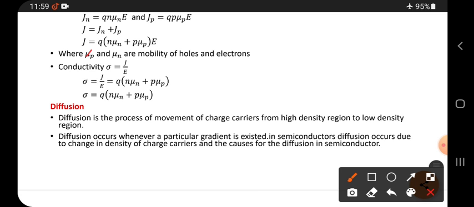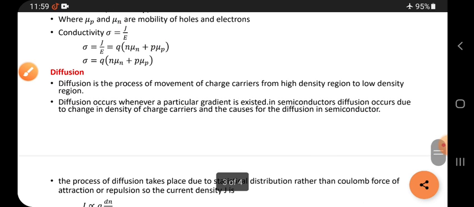And the conductivity sigma is equal to J by E. Substitute the J value here, then we get this one. So it is the conductivity.